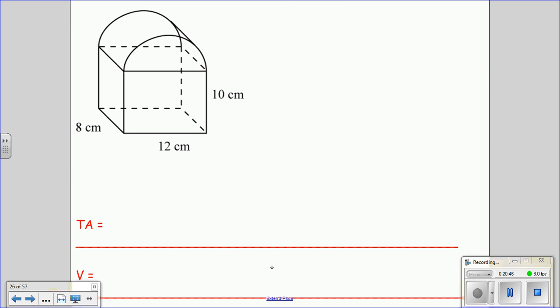I will tell you the steps to complete this one, but I'm pretty confident you can take care of it. What you have in this picture is half of a cylinder sitting on top of a rectangular prism.